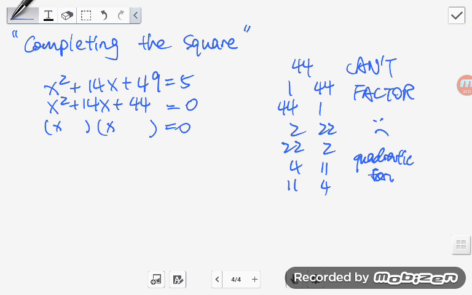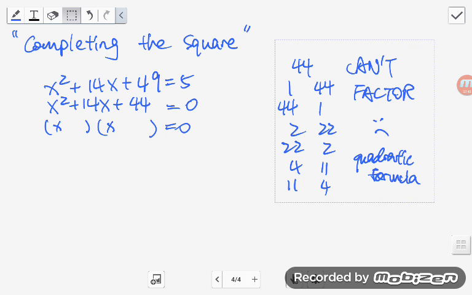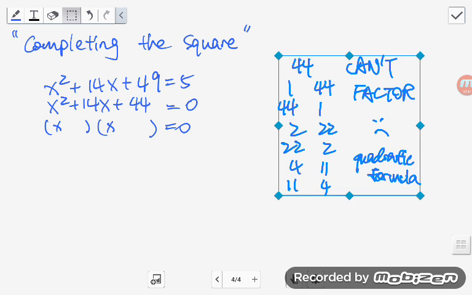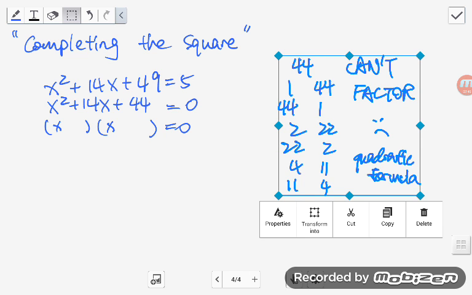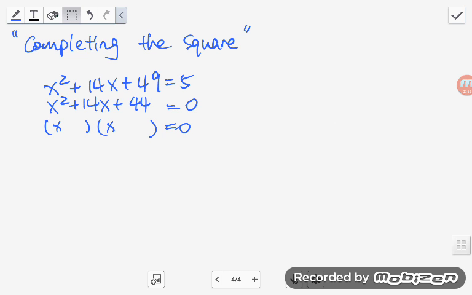It's a very chunky formula, and all you have to do is follow it and you can find the answer. But as this video is about completing the square, I'm going to show you how to do that. So I'm going to delete all this here. I hope you understand that we cannot factor this quadratic equation, so I'm going to solve it by completing the square. All right, let's do it.